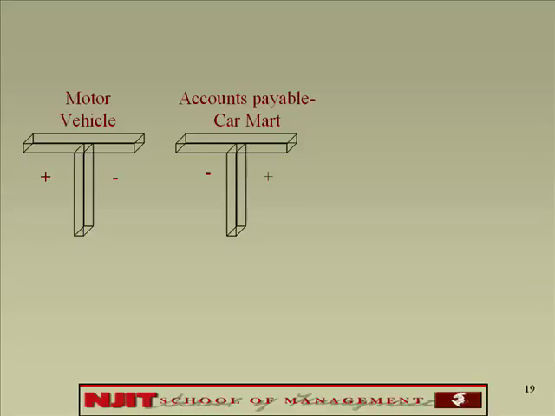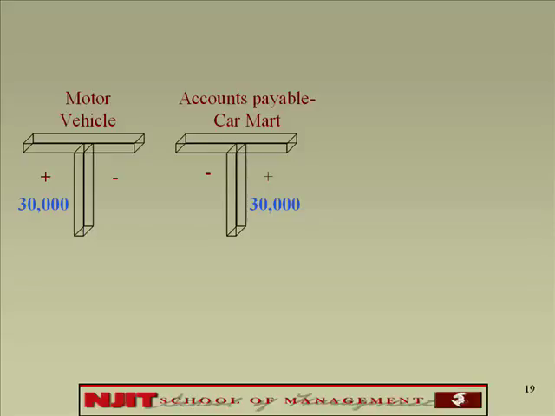So motor vehicle is plus 30,000 and a liability increases, so it's plus 30,000. So you debit motor vehicle 30,000 and you credit accounts payable 30,000.